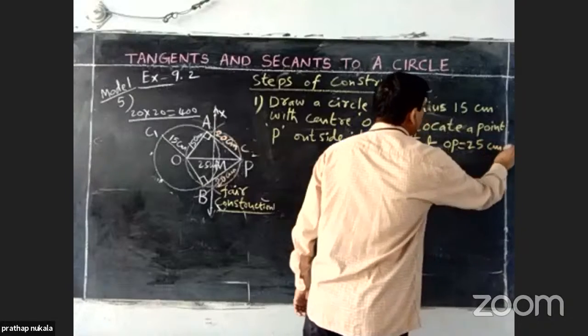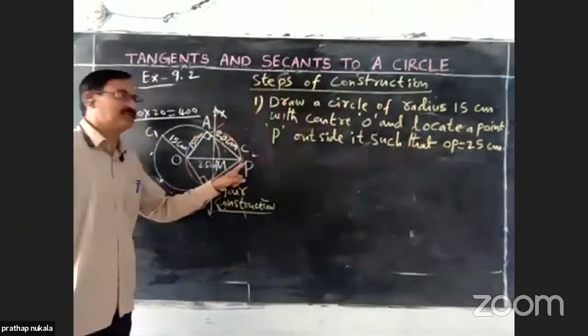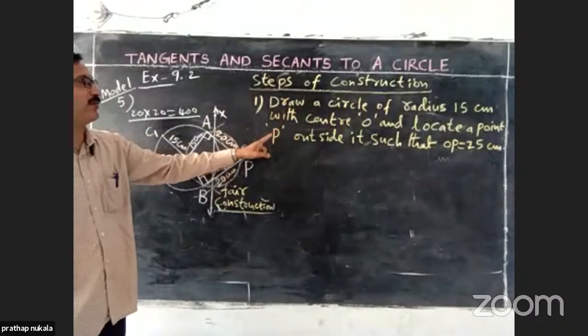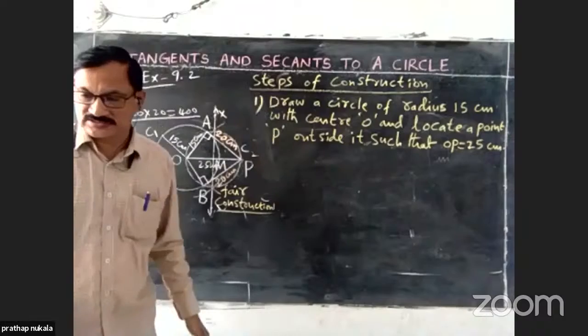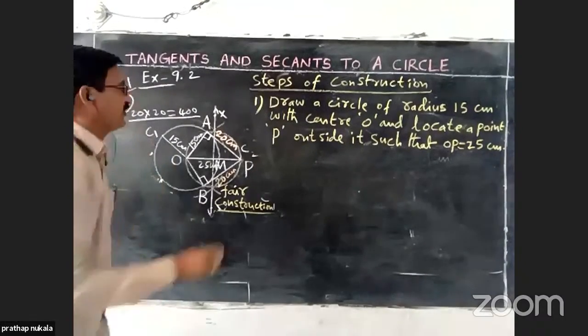Already the distance is given. That's why locate a point P outside it such that OP equal to 25 centimeters. This is the first step.